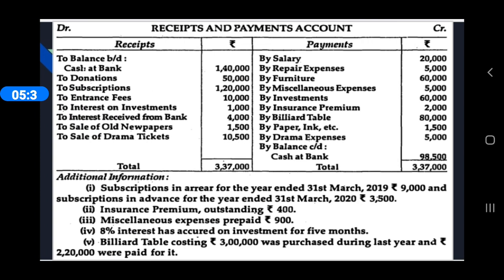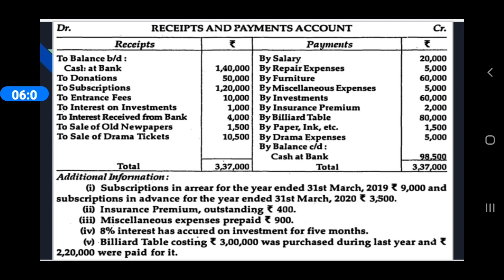Let us learn how to prepare the receipt and payment account, which you have already learned. But here the receipt and payment account is a summary of the cash book. It is maintained on a cash basis. It is a real account. Real account means debit what comes in, credit what goes out, is the rule for a real account.